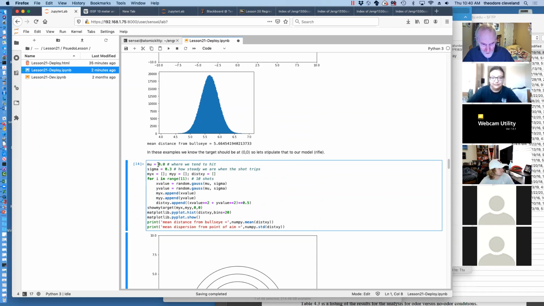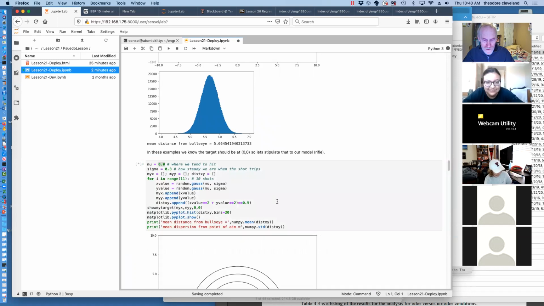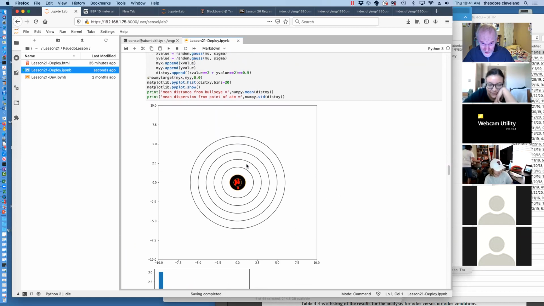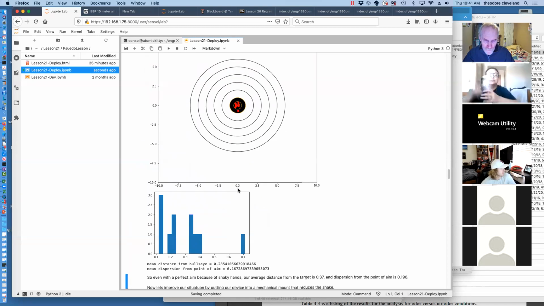And so what we do when we do that is we finally get our center about right. Our dispersion is still not as good as we can do. So this particular 10-shot group would be scored as 109X. That's actually a very good group for competitive air rifle marksmanship.